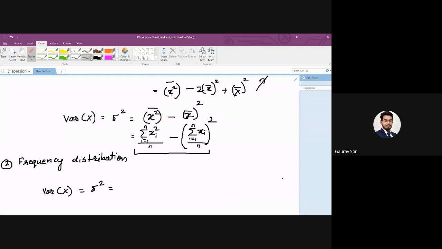Okay. So the formula will be summation fi xi square, i is running from 1 to n, upon summation fi, i is running from 1 to n, minus this is going to be summation fi xi, i is running from 1 to n, upon summation fi whole square.